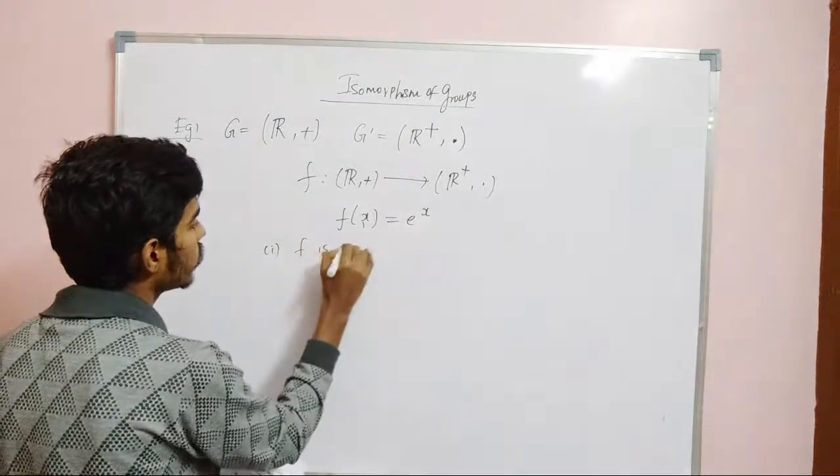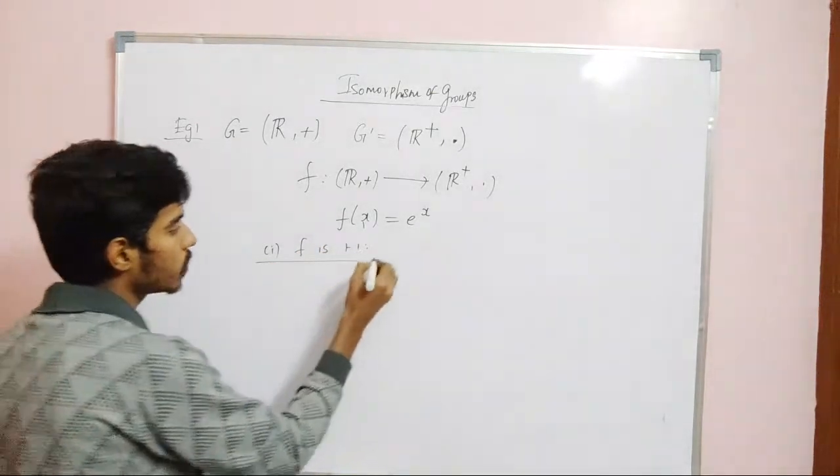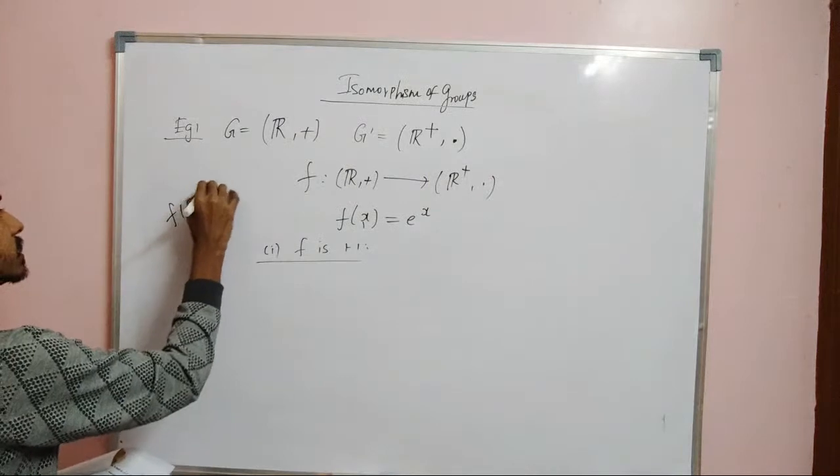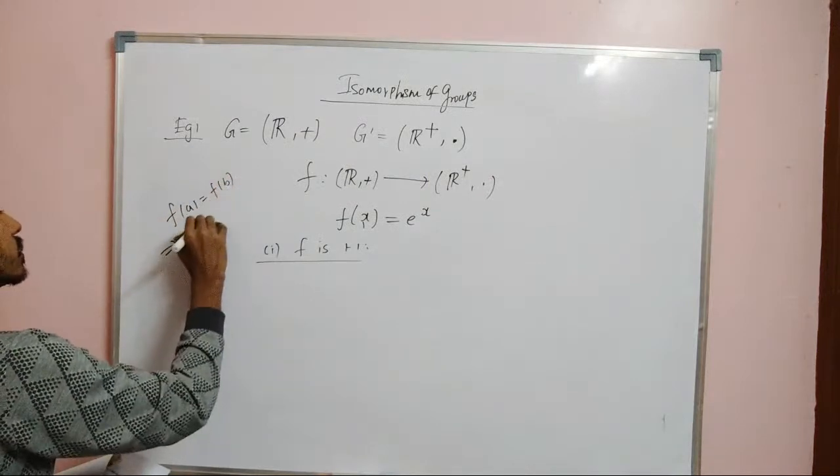First, f is 1-1. You know how to prove 1-1, right? f(a) = f(b) implies a = b.